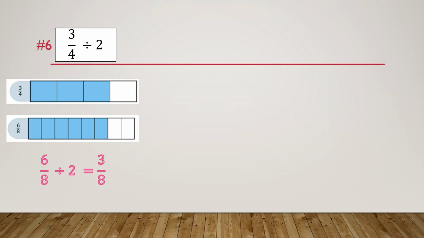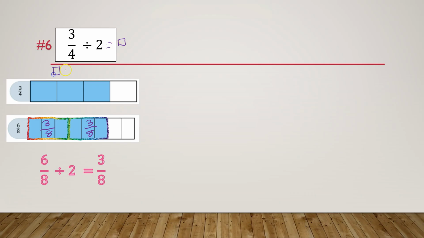How do we see that? Here is 1 equal part, and here's 2 equal parts. And each one of these equal parts is 3/8, right? So 3/4 divided by 2 is something, and that something is equal to something, right?